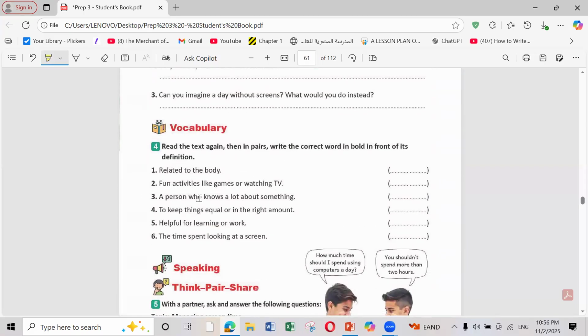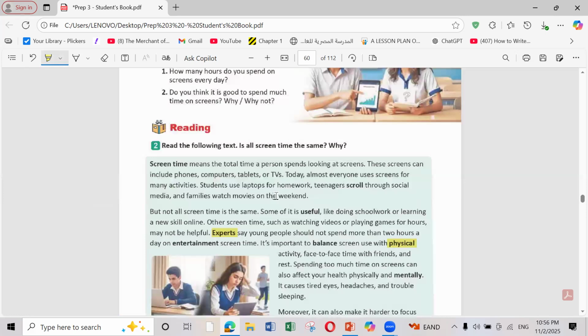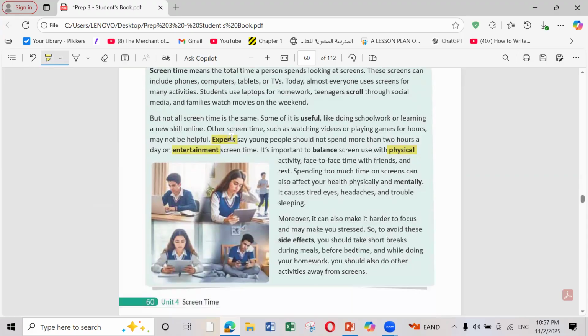Let's go to number 3, please. Fun activities like games or watching TV. This is number 2. So it will be entertainment. Number 2 will be entertainment, and number 3 will be expert. Okay, so this will be number 1 here.